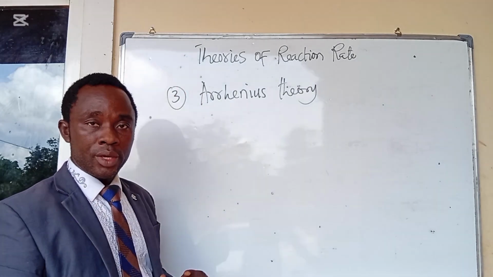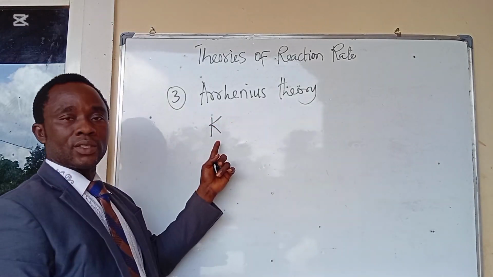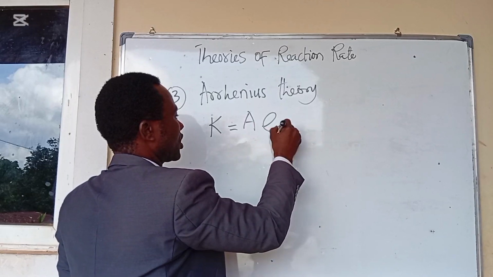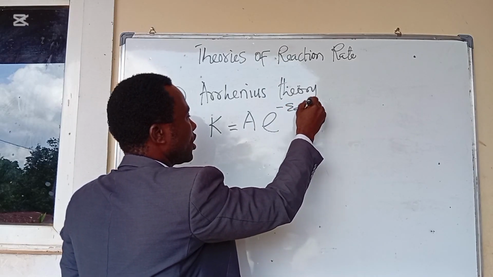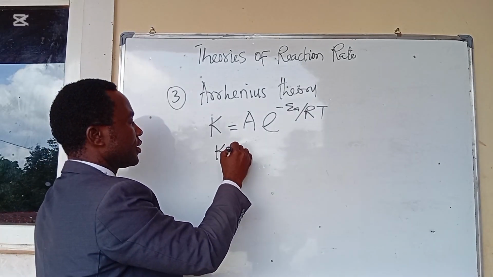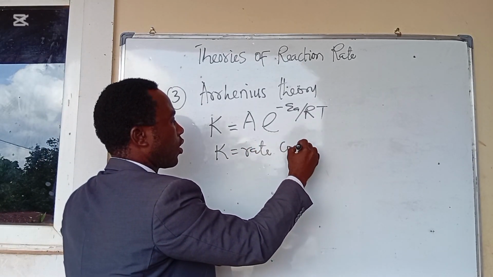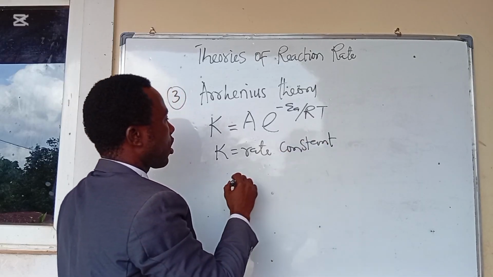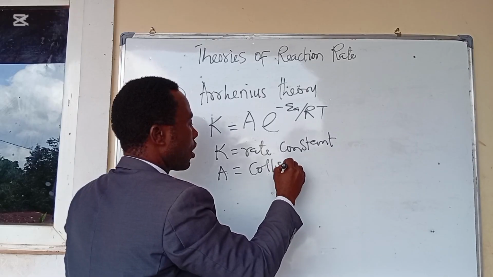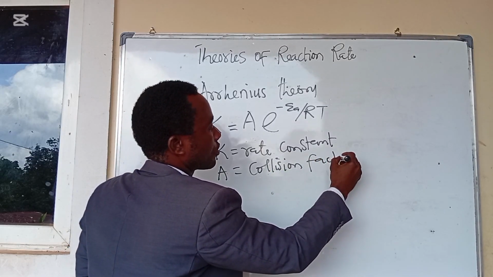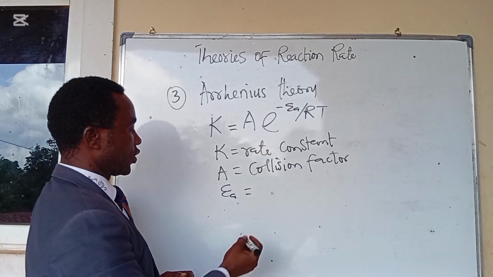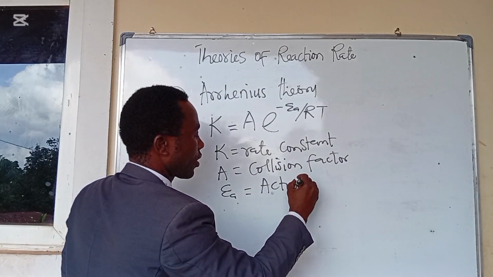Now, according to him, the rate constant K is equal to A exponential minus EA over RT. K is the rate constant, and A is the collision factor, while EA is the activation energy.